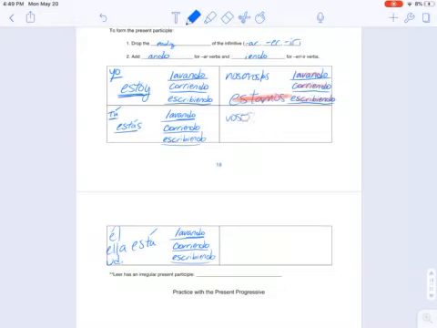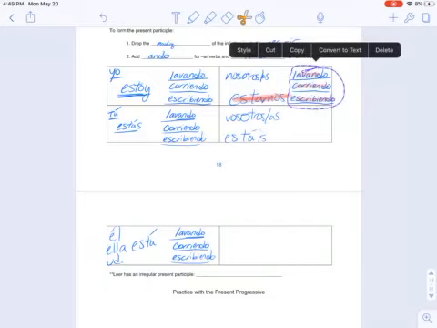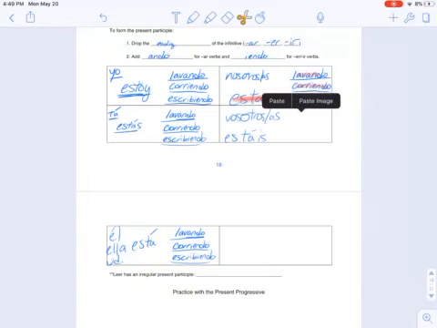For vosotros y vosotras, the form of estar is estáis, and then these same endings. So lavando, corriendo, y escribiendo. Those repeat again here. And for ellos, ellas, ustedes, same thing.